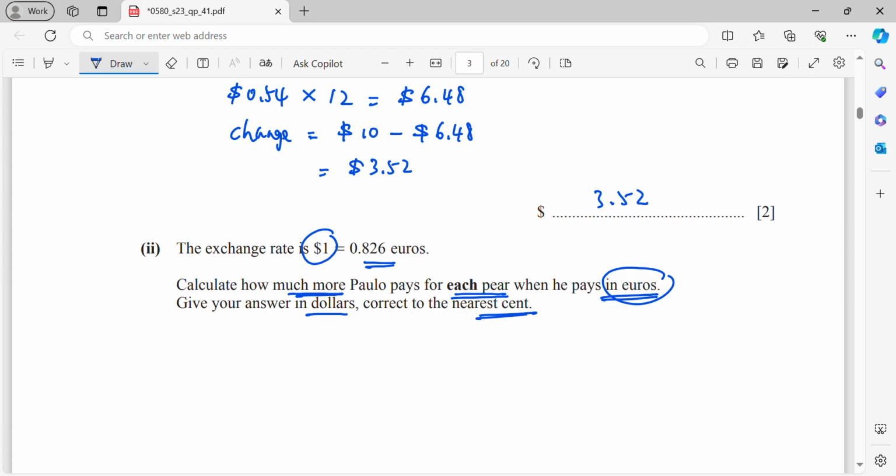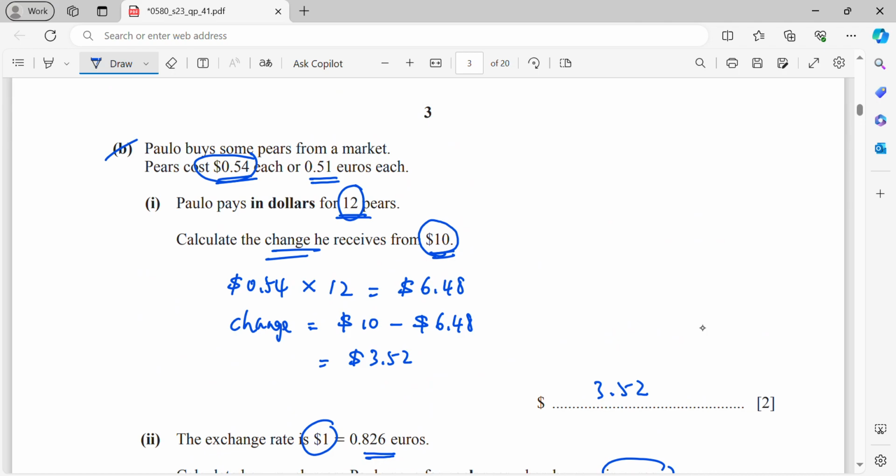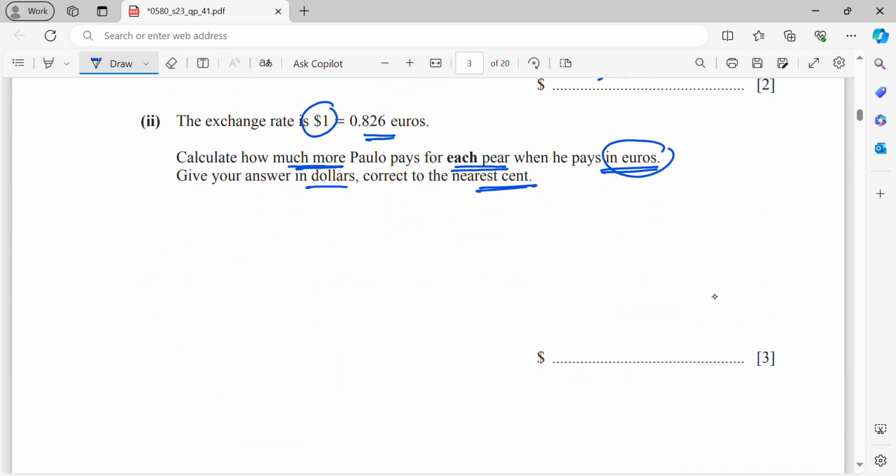See, we know that each of these costs 54 cents, or 0.51 euros. That means now we have to check what the exchange rate is first.